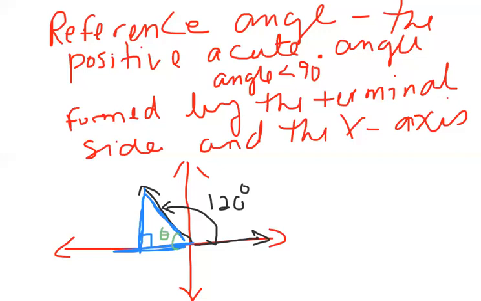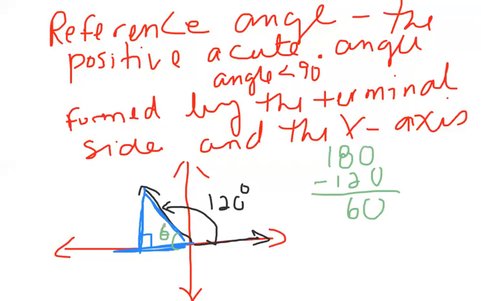How do we calculate it? Well, we take 180 and we subtract 120. Remember, you're always going off the x-axis. So if you're going from the positive side of the x-axis to the negative side of the x-axis, whether you go clockwise or counterclockwise, you traveled 180 degrees. That's why we're subtracting it from 180 degrees. And so this one will turn out to be 60.